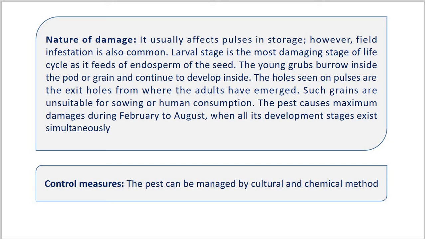Now such a pest can be controlled in both ways, cultural as well as chemical. Cultural control methods include periodical exposure of the grain or pulses directly to sunlight, which can reduce the moisture and lower the chances of contamination by the pest.